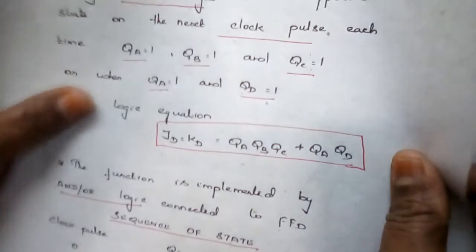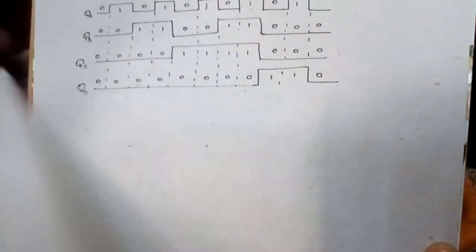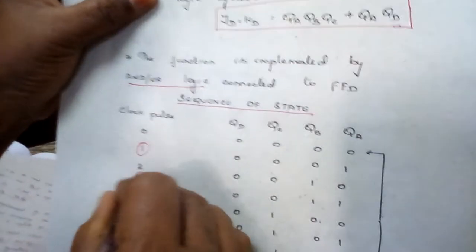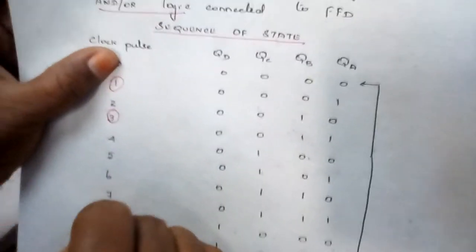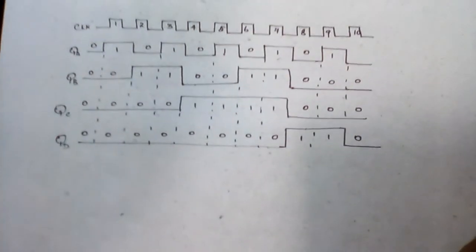As explained earlier, at the first clock itself QA changes its state, and QB changes its state after the third clock pulse, and after the seventh pulse, at the eighth pulse, QD changes its state. Similarly, QC changes its state after the third, and it starts to change at the fourth pulse.